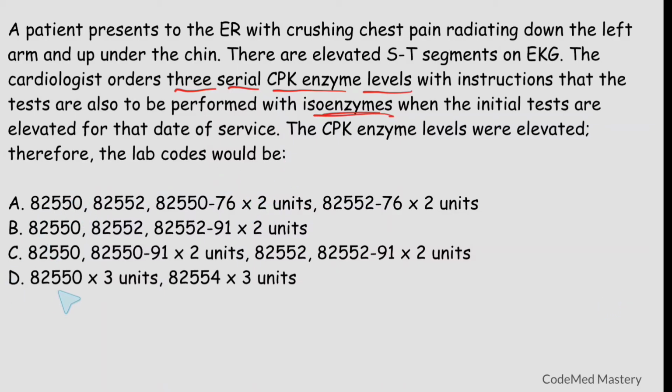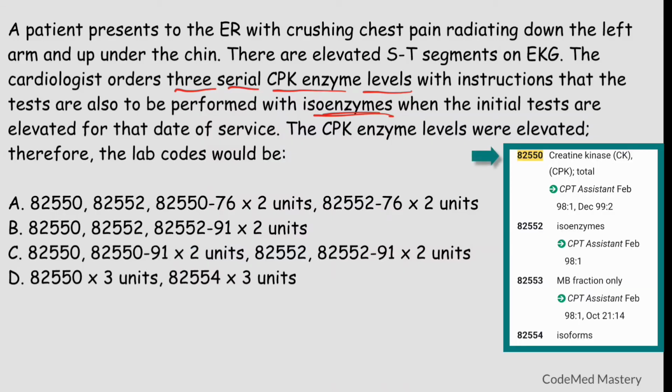In options A, B, C and D, you can see they have given 3 codes, that is 82550, 82552 and 82554. 82550 is for creatine kinase CPK total. In the scenario, you can see they have given CPK enzyme. So 82550 is the right code. And 82552 is for isoenzymes.